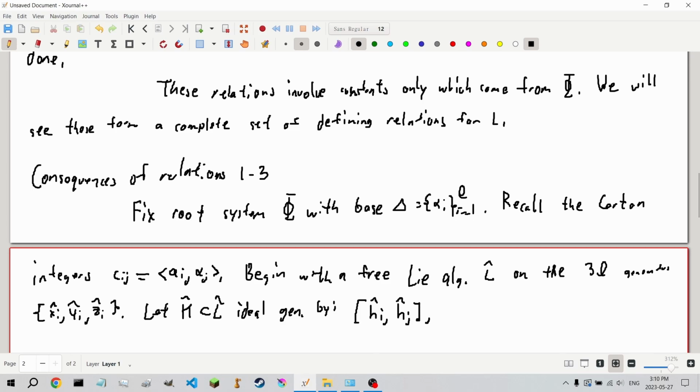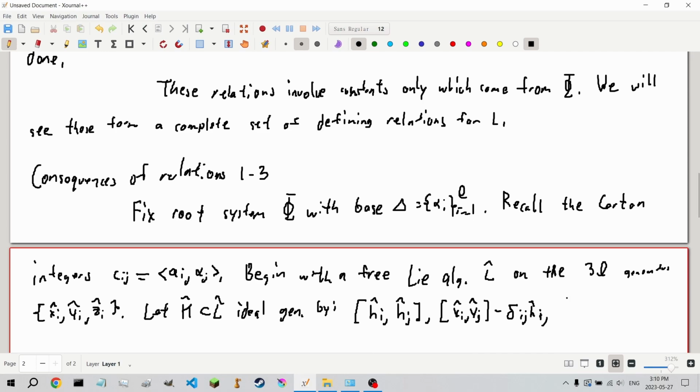Our second rule is that the bracket of x_i and y_j we want to equal δ_ij h_i, so if we subtract out δ_ij h hat i, this should always be 0.